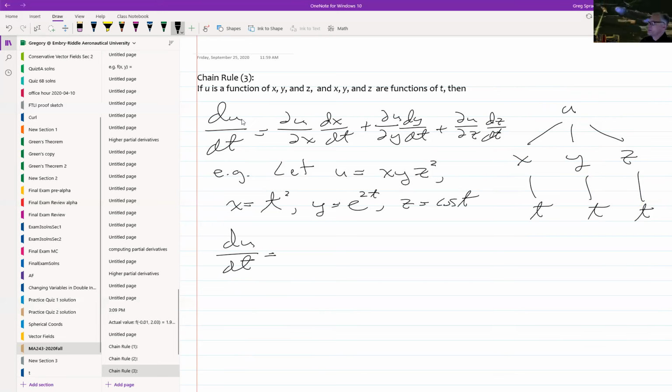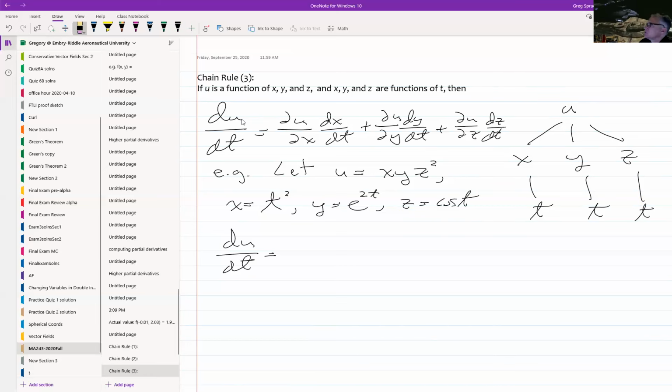Now this is a problem where the chain rule might actually be useful, because if I tried to do it without the chain rule, I would write u as a product of those 3 fellas, and I would have to take the derivative of a product of 3 different kinds of functions. And that is, if you've never done that before, you might get stuck and not know what to do. But you can do it using the chain rule.